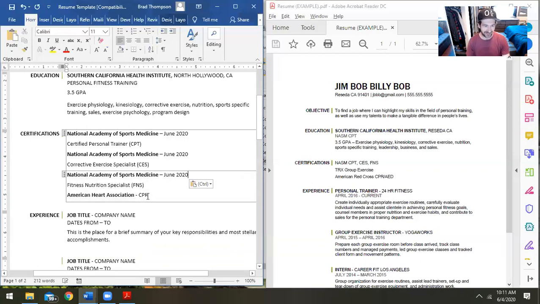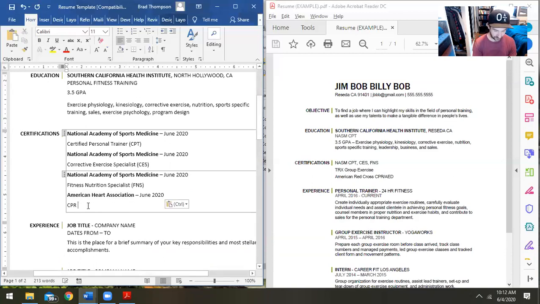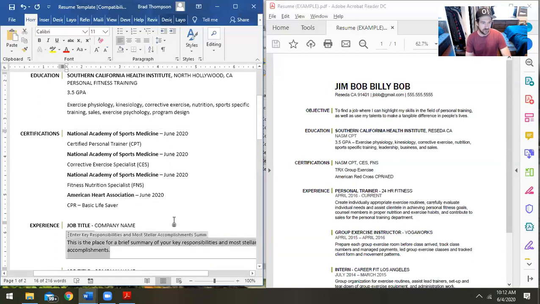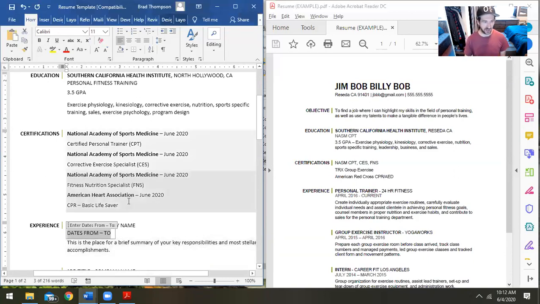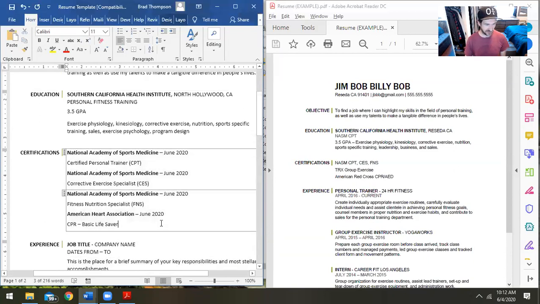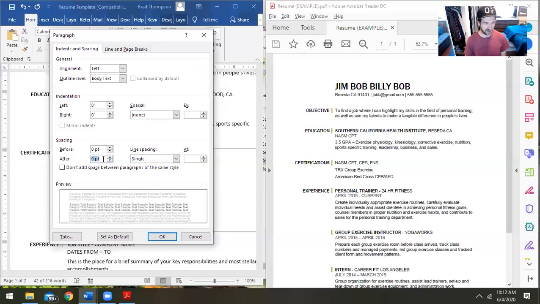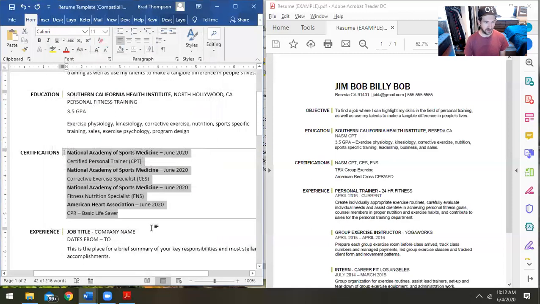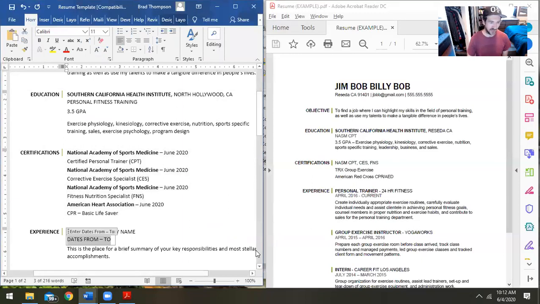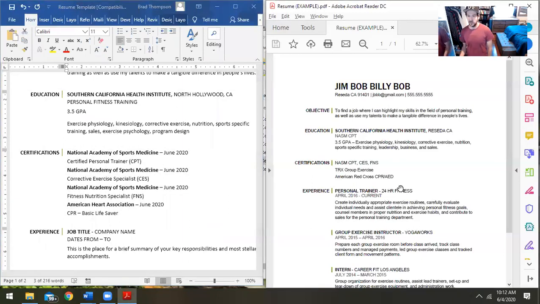This is where formatting kind of comes in. That's pretty good. I don't hate that. So you can see we're putting a lot of emphasis on certifications here. I will say it is a little too spaced. I'm going to make the spacing here just a little bit less. There we go. So that's your basic certifications listed out there.